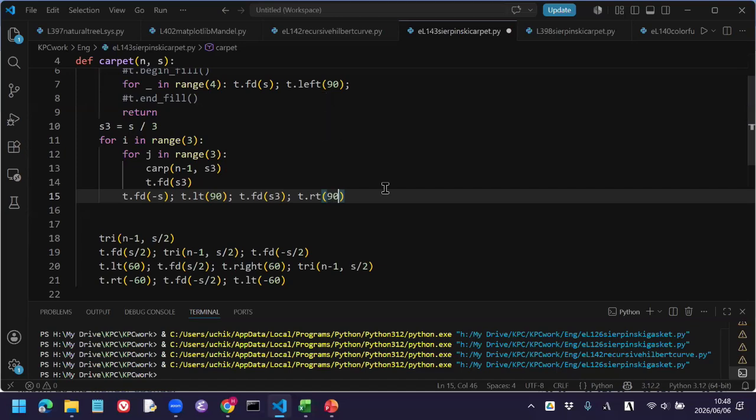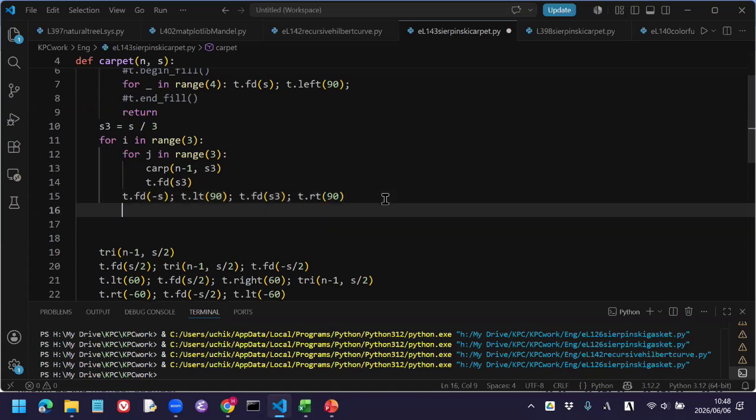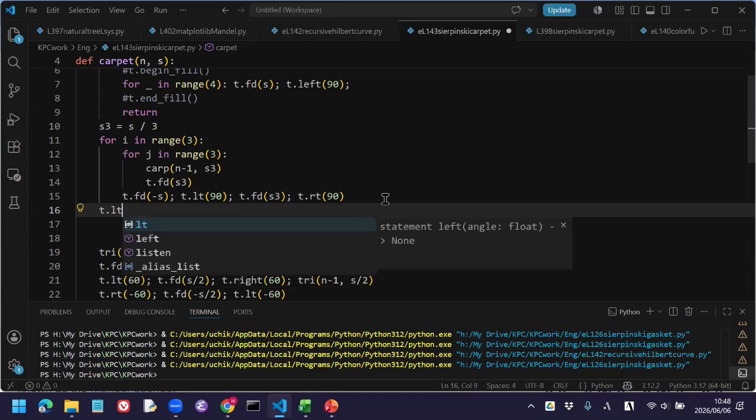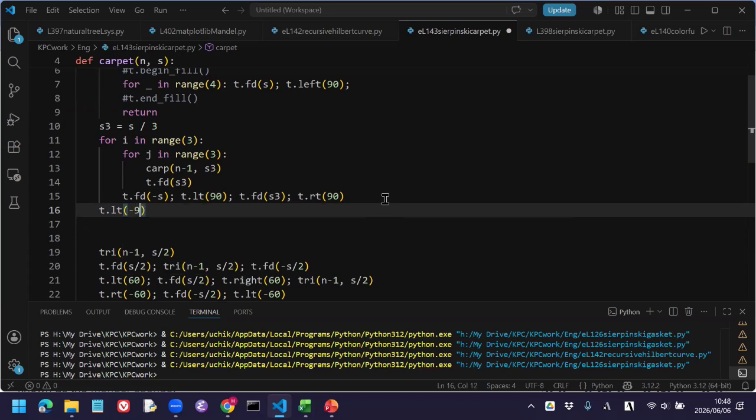We will continue this. After everything is done, we go back to the original position by turning left by 90 degrees, turning right by 90 degrees, going forward by S, and turning left by 90. So this will go back to the original position.